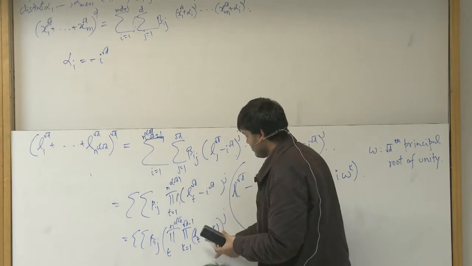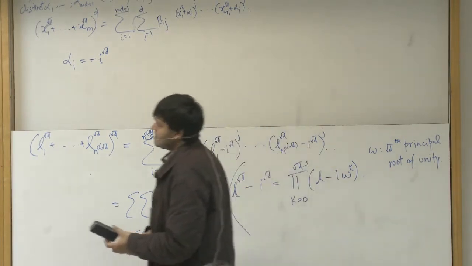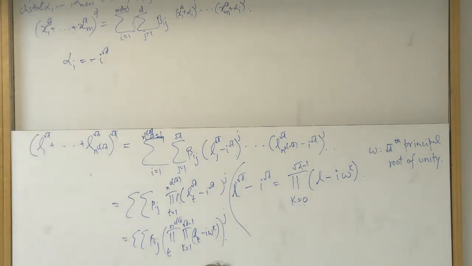But note that there is a root of unity involved. Still, what we have shown is that if you start with a size S circuit for degree D polynomials, then you can squash it down to depth 4 circuits, where the bottom fan-in or these Qij's have degree at most root D, and we only have a blow up of S to the order root D, right?